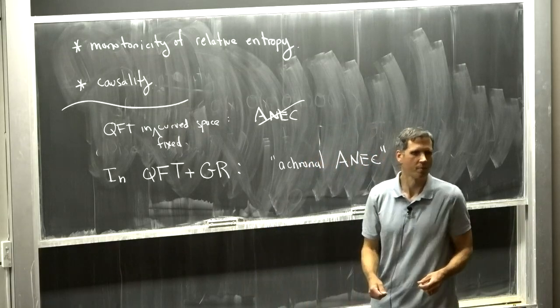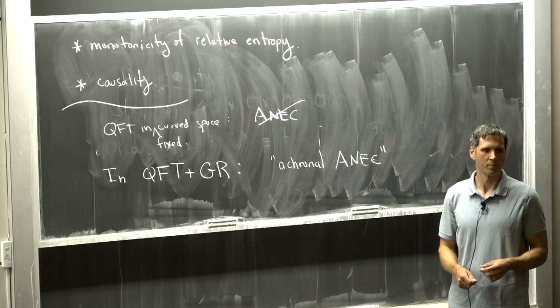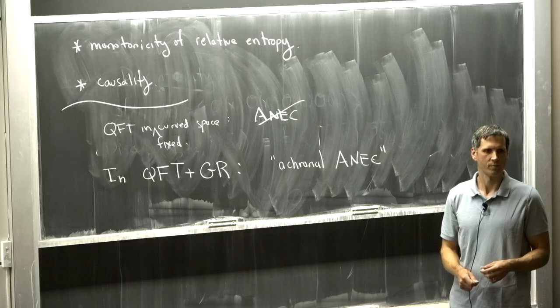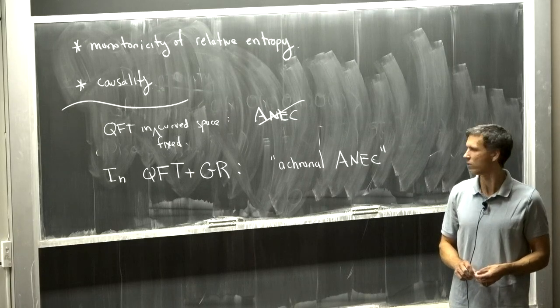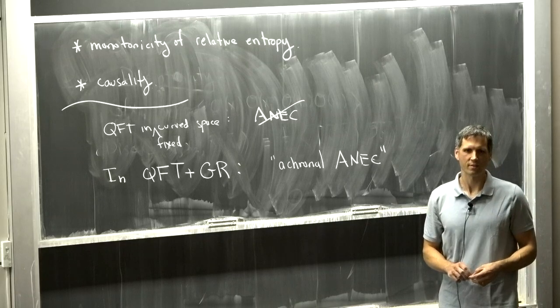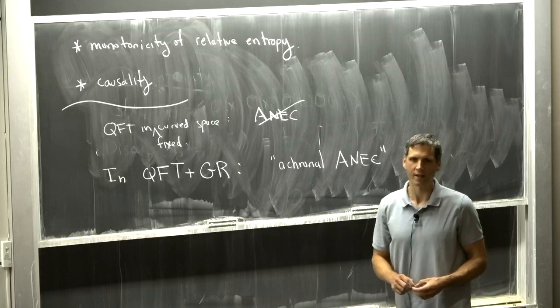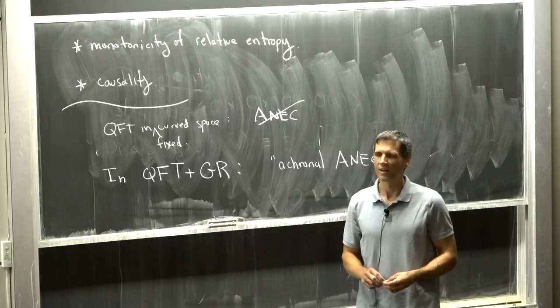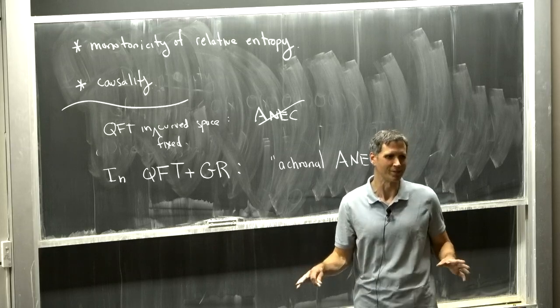Are there examples of non-trivially curved spacetimes where the achronal annex holds? Okay, so this gets into funny territory. One of the reasons that the achronal annex is believed to be true is that almost no spacetimes have achronal null rays.